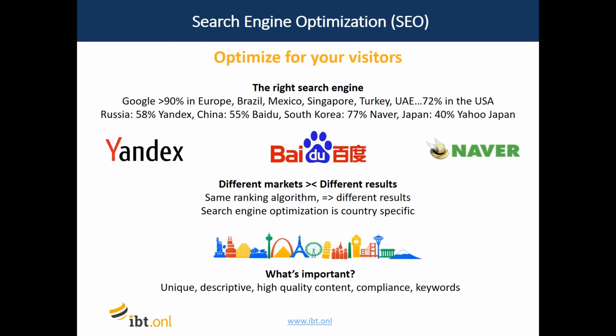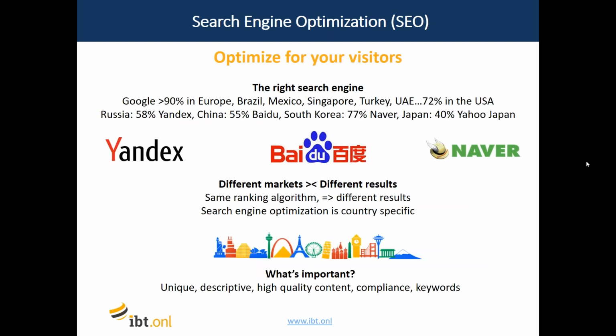So if I'm sitting in London and I do a Google search on google.co.uk, I get a very different reply than if I use google.com. So search engine is country specific, and that means that your website and your social media and your online marketing has to be country specific in order to be relevant and picked up by search engines.